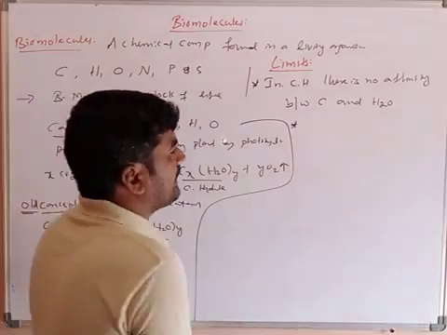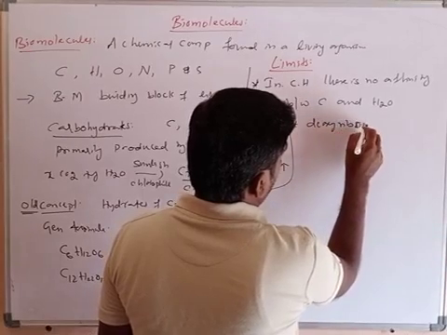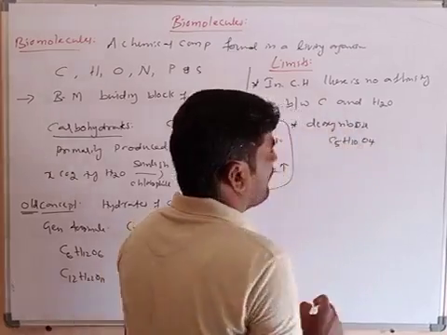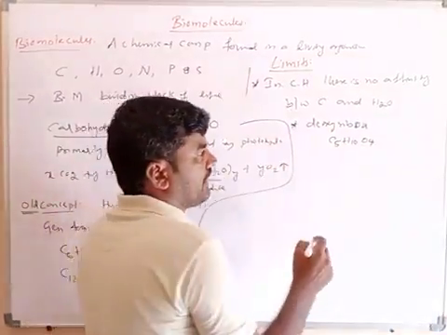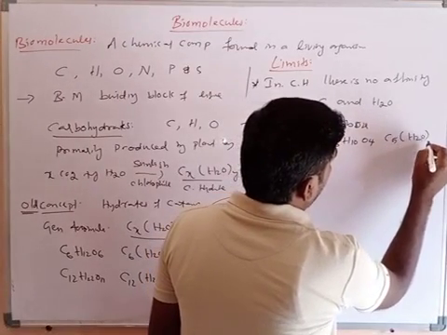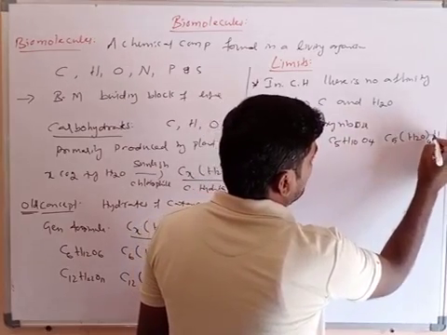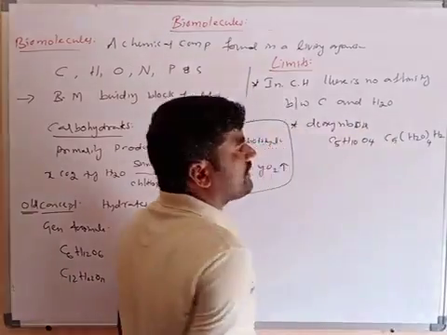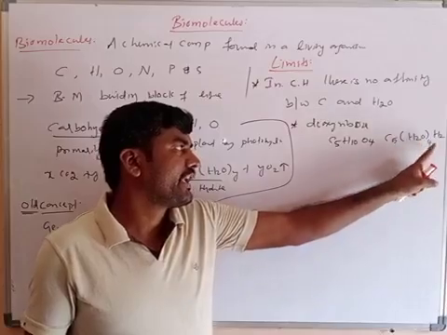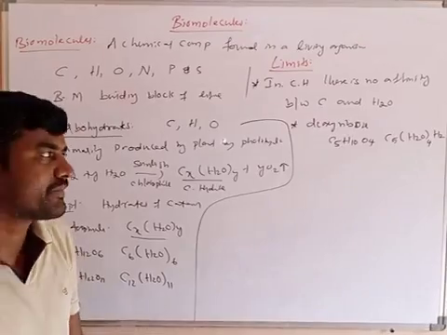For example, deoxyribose, C5H10O4. C5H2O taken 4 means H8, so 2 hydrogens are remaining. It is not satisfied: 2 extra hydrogen atoms are there. It does not obey the general formula of the old concept.